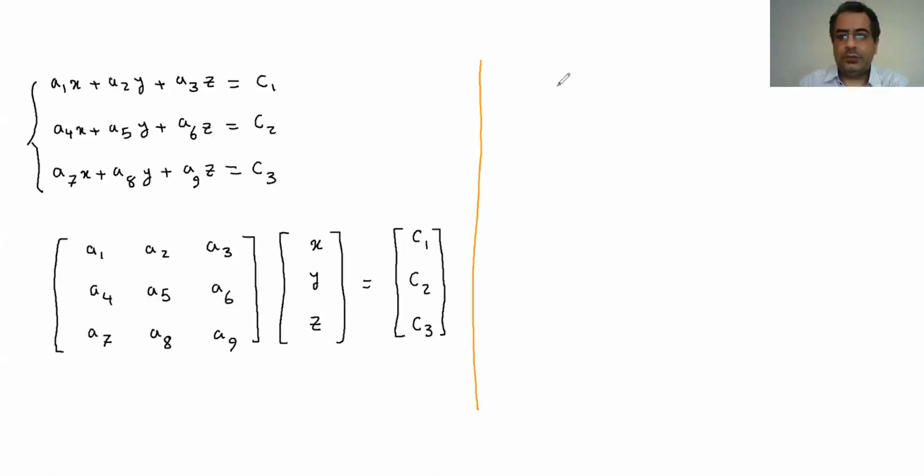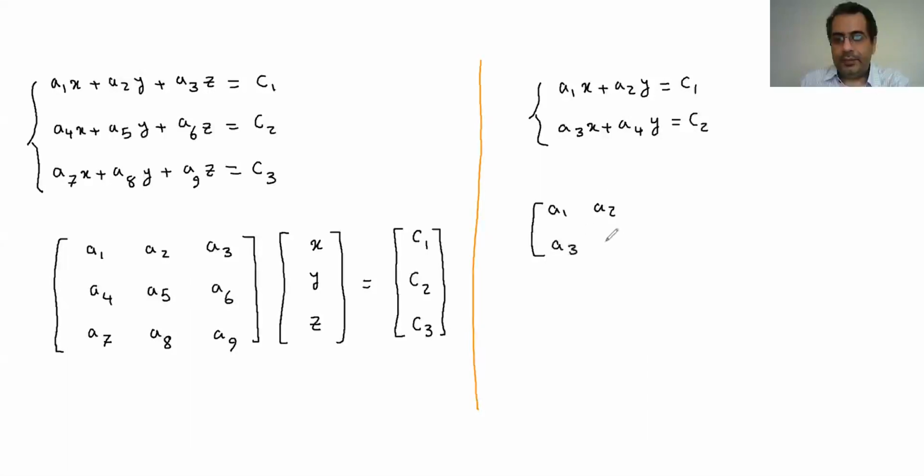If I have 2 equations, it comes out something like that: A1x plus A2y is equal to C1. Then you are going to have, for example, A3x plus A4y equal to C2. If you have only 2 nodes, it's going to come out something like that. Then your coefficient matrix is going to be 2 by 2: A1, A2, A3, A4.